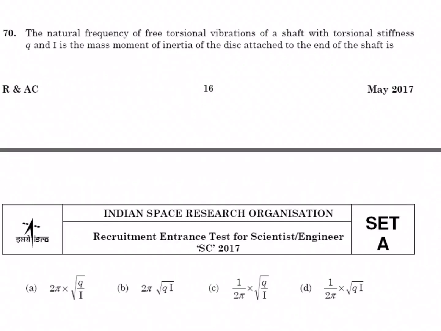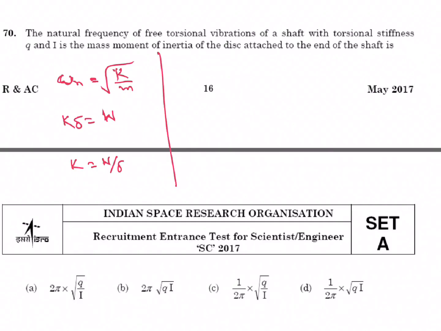We know omega n, our formula is root over K by m, and K into delta equal to W. W is the load, and here stiffness is K equal to W by delta.